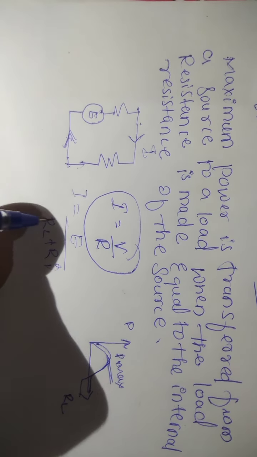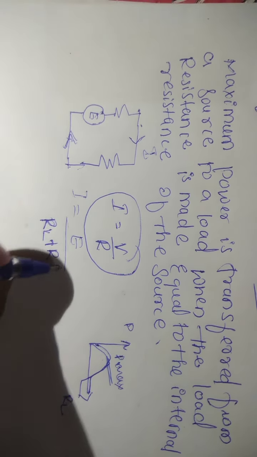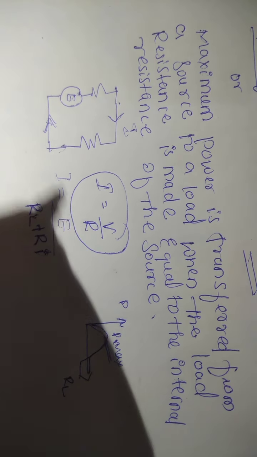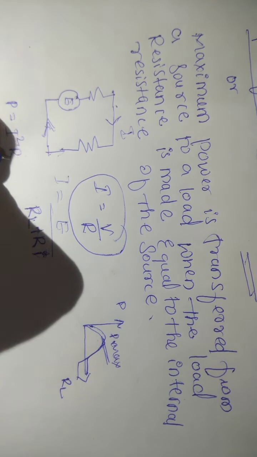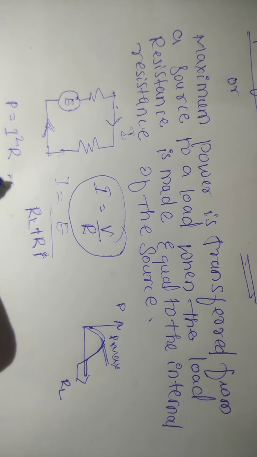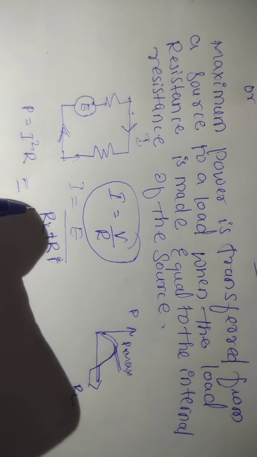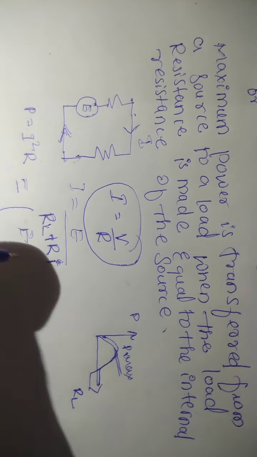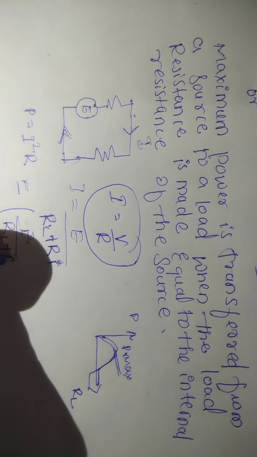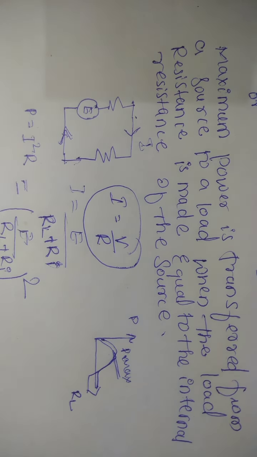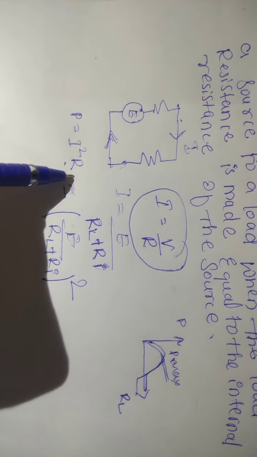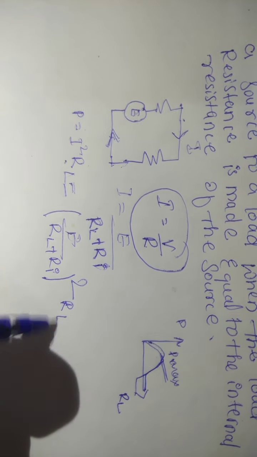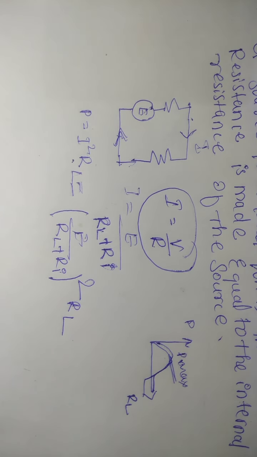Now power equals I square R. Taking I equals E divided by RL plus RI, power equals E square RL divided by RL plus RI whole square.